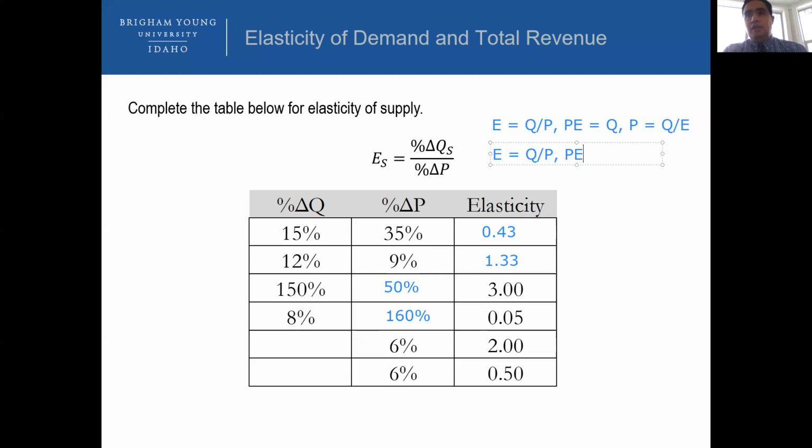So we have PE is equal to Q. All we've got to do is multiply 6% times 2, and that will give us 12%. And then right here, multiply 6% times 0.5. I think, yeah, that one's 3%. Basically we cut it in half. And that tells us what kind of proportional change we should expect if we know what the elasticity of demand is and a percent change in price.